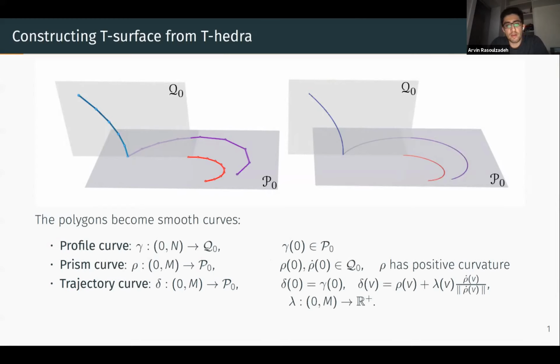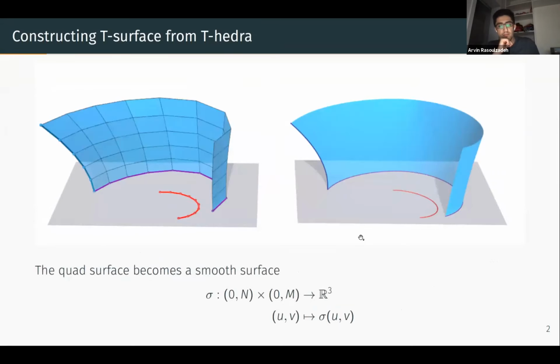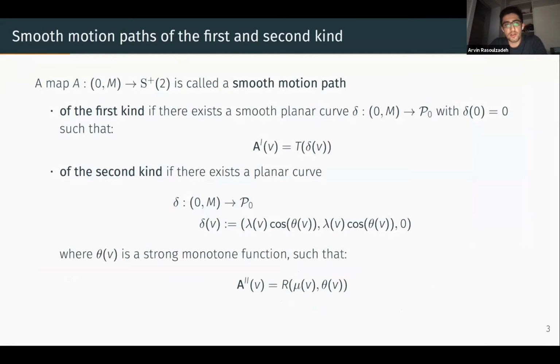So if we assume that we have a refinement of these curves, the smooth versions of them, as you can see on the picture on the top right, with the profile curve in blue, the trajectory curve in purple, and the prism curve in red, then we obtain what we call a T surface, which is a smooth version of the quad surfaces that Jonas was talking about. So exactly like the classification that Jonas did, we would like to continue with the classification in the smooth version.